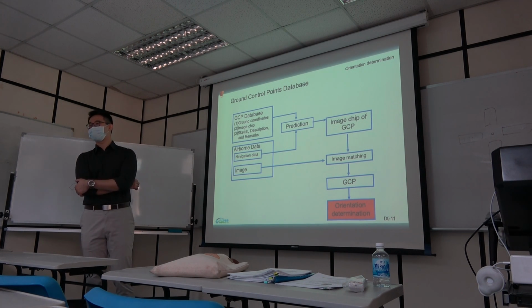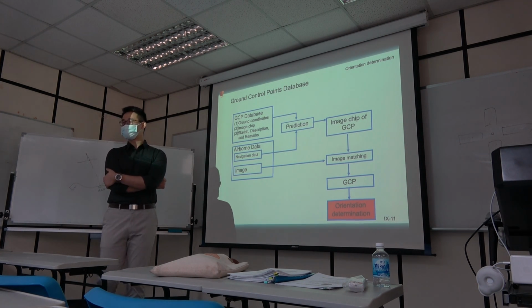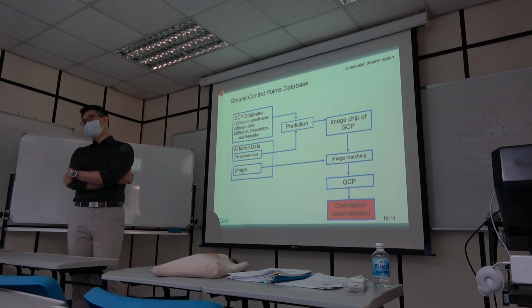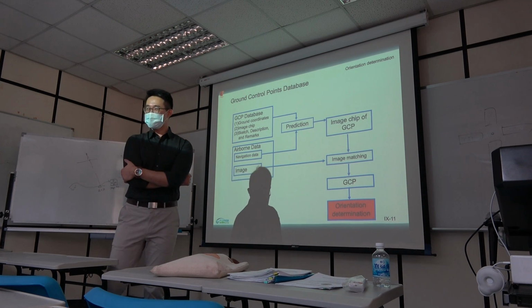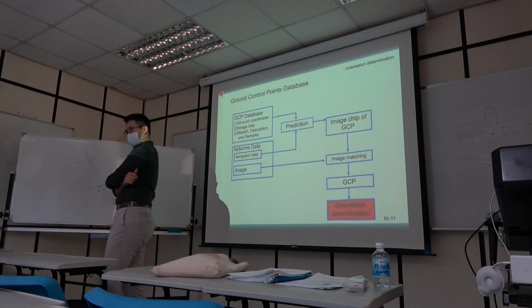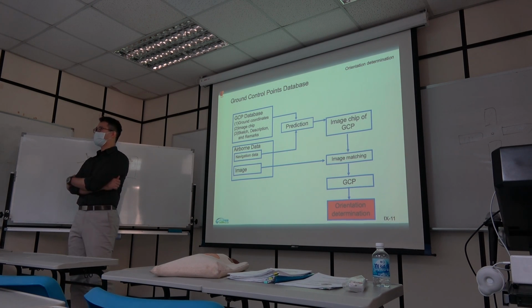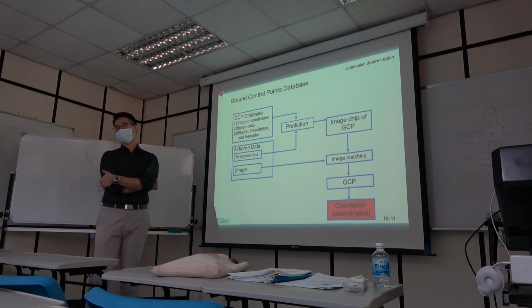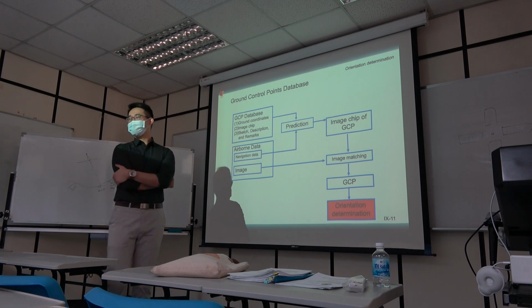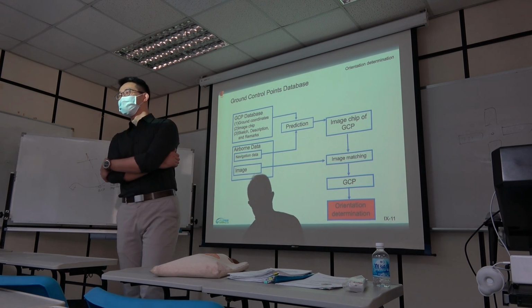To avoid using existing maps? What do you mean by that? For example, you have a database of existing maps from previous surveying, and we use that. But how can a map give you the automatic process?